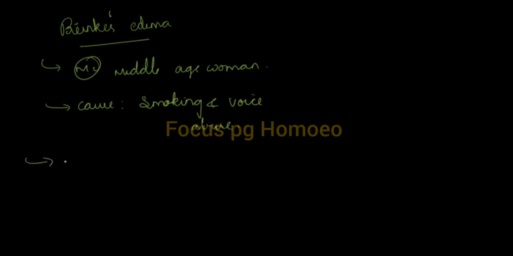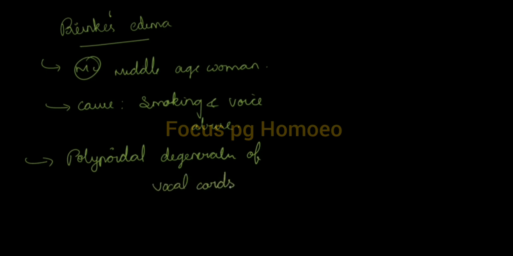And then here what happens, there will be polypoidal degeneration of vocal cords. So most common, middle-aged women, smoking and voice abuse, and there will be polypoidal degeneration of vocal cords, which we can see in Reinke's edema.